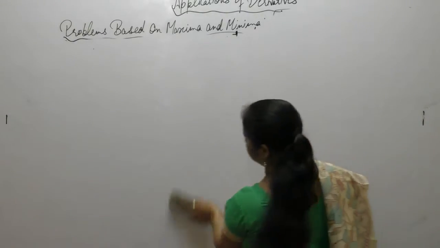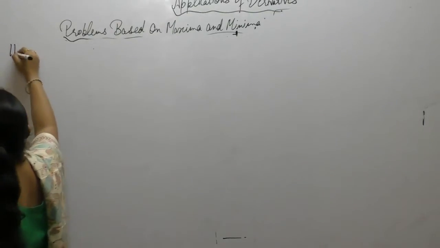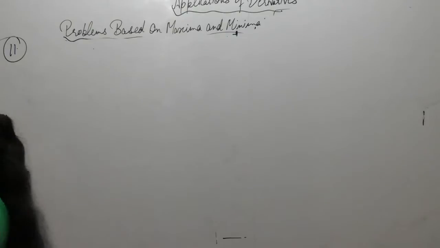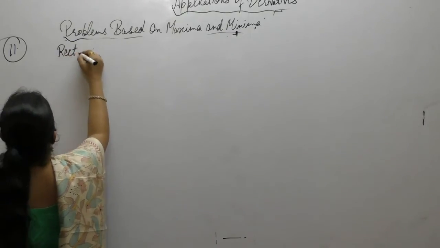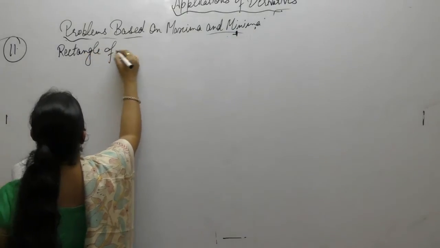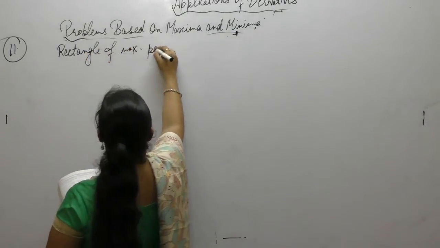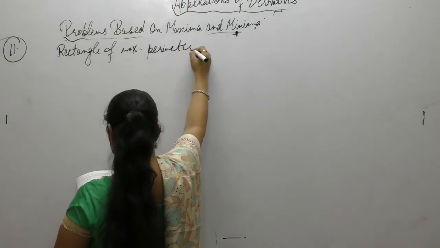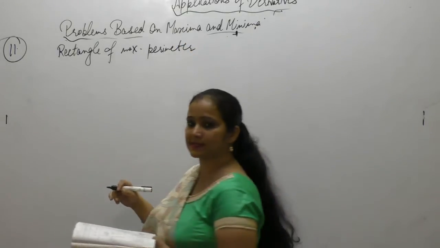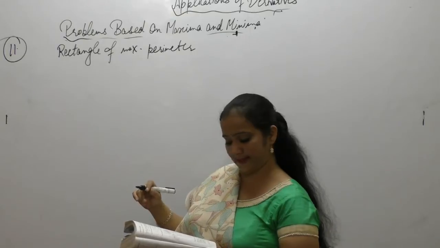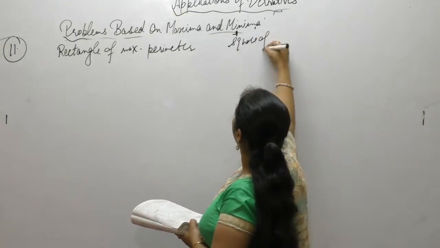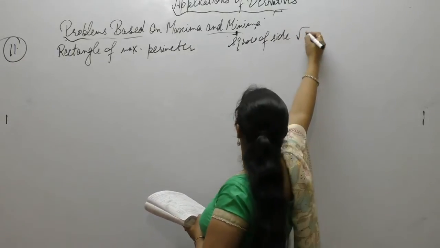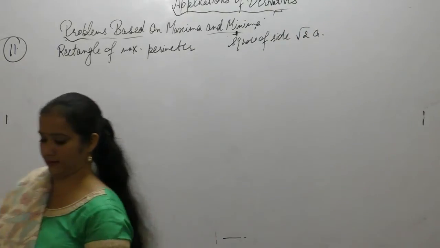Now the next one. Show that the rectangle of maximum perimeter which can be inscribed in a circle of radius a is a square of side root 2a.